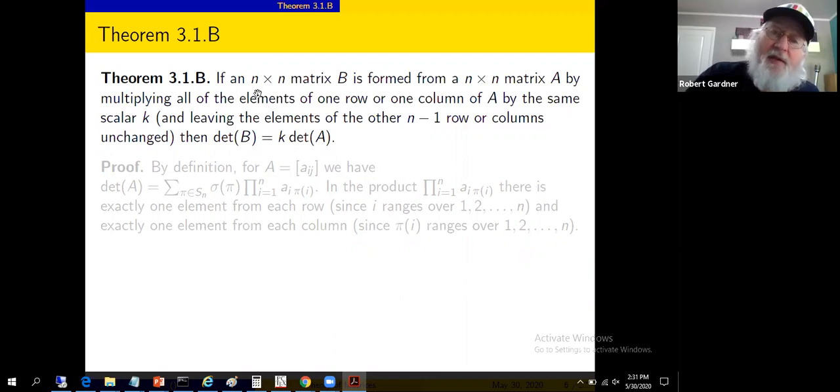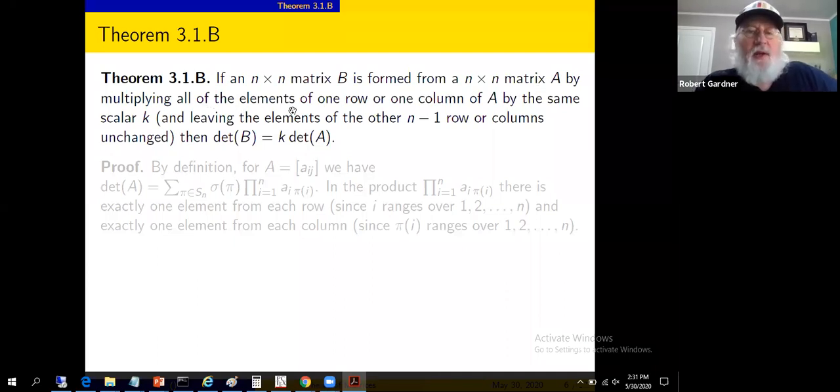That is, if we take an n by n matrix B, we form it from n by n matrix A by multiplying all the elements of one row or one column of A by the same scalar, call it k, leaving all the other rows the same. Determinant of B is k times the determinant of A. So multiply a row of A by k, it changes the determinant by a factor of k. Our first encounter with elementary row operations and determinants. All right.